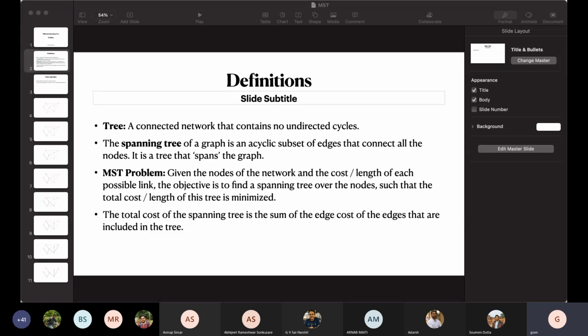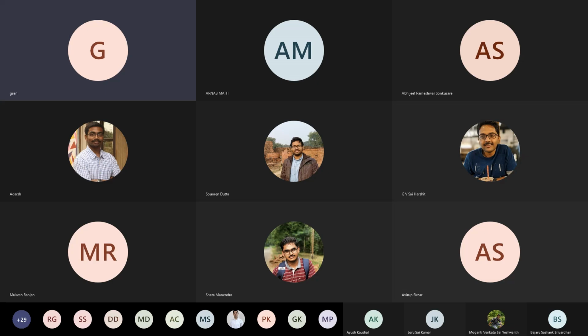Is it visible now? No, it's not. You can send the mail to sir. You simply attach it in the meeting chat. Okay. Now it is visible. Oh, it was visible.